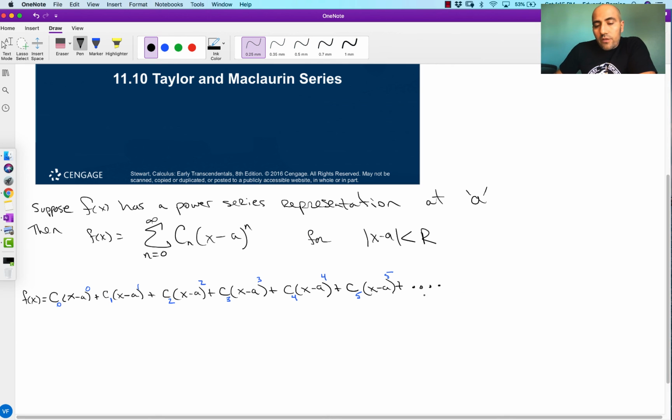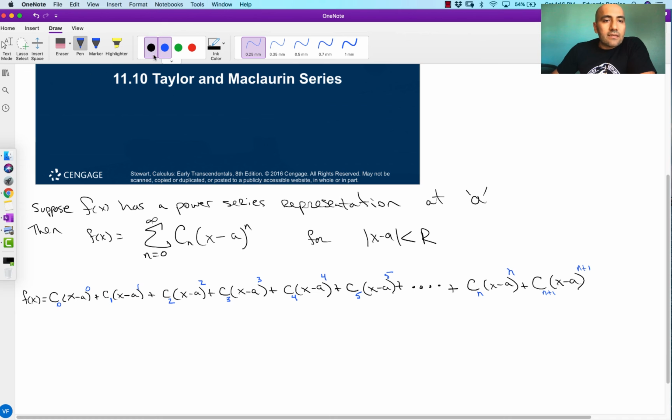Somewhere along the line, there is some nth value. As we progress forward, there will be some nth value that'll be c sub n raised to the power of n. And it doesn't stop there, of course, it keeps going. The one right next to that is the term c sub n plus 1 to the power of n plus 1.